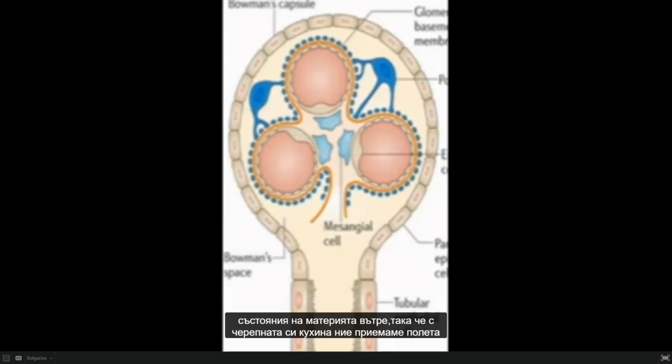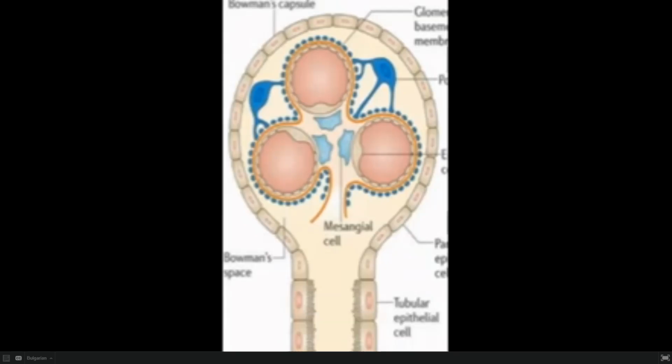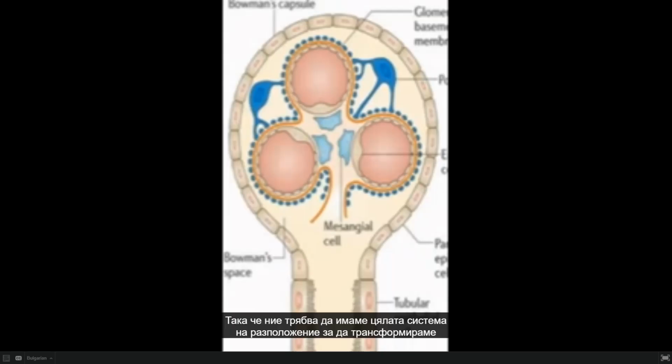So with our cranial cavity, we accept fluids. With our thoracic area, we accept fluids and gas. But in our abdomen area, with 2 star formations, we accept through mouth, through nose, all of the states of matter. So we're supposed to have all the systems available to transform that state of matter to the gas and vice versa.